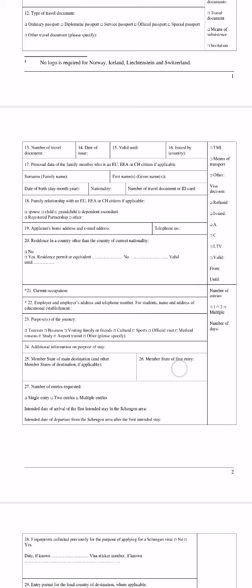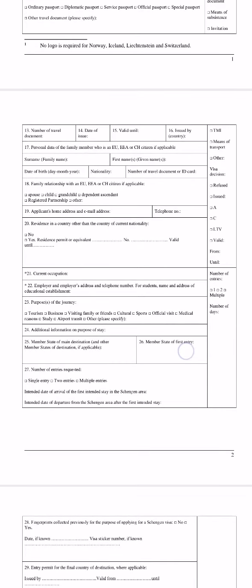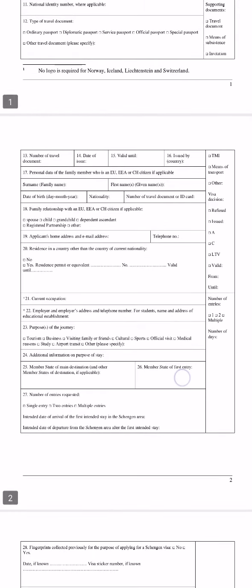Question 19, applicant's home address and email. So you have to put your address and your email address. Then you put your telephone number, that is your mobile number. Then question 20, residence in a country other than the country of current nationality.